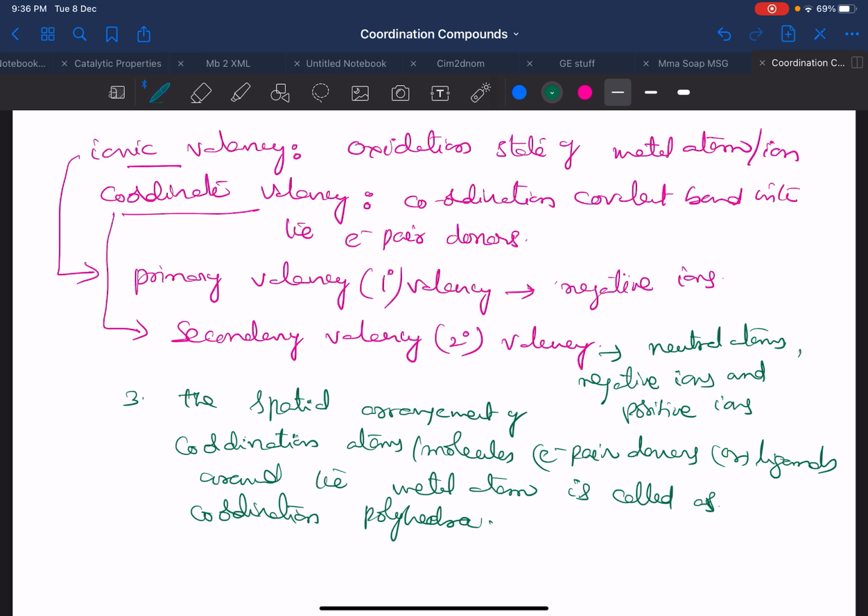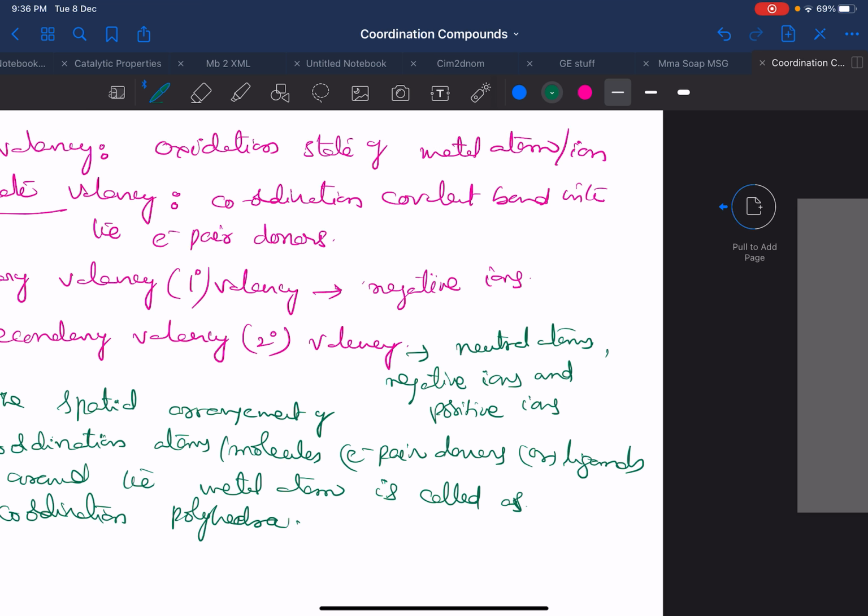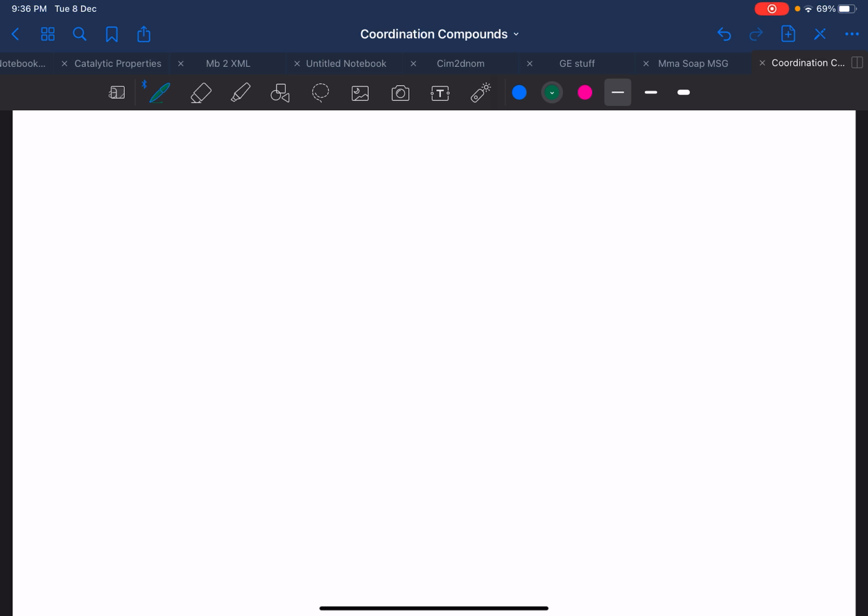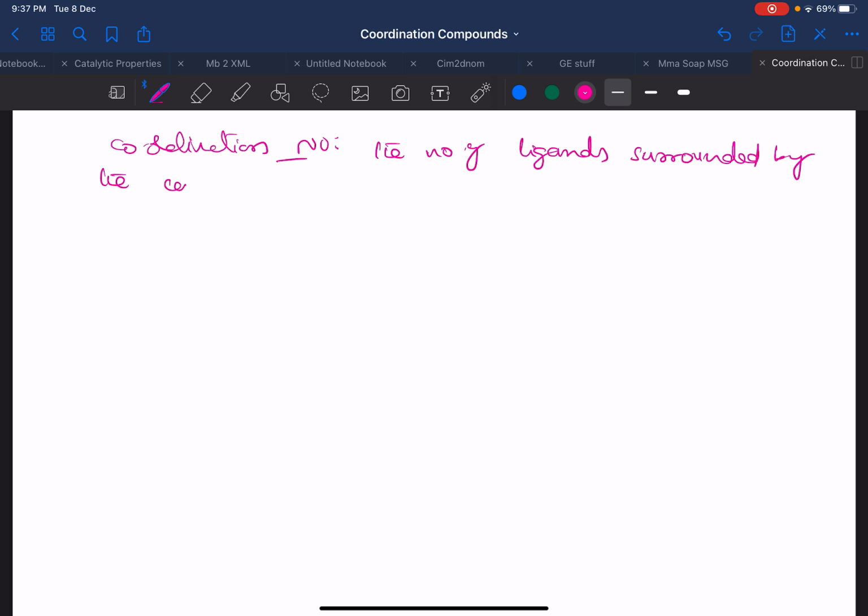That means the number of ligands surrounded by the central metal atom is called the coordination number.